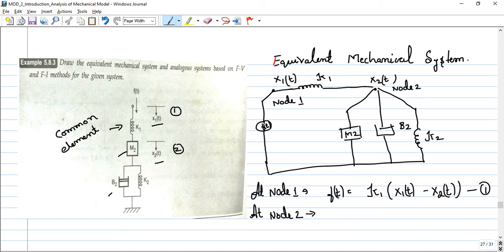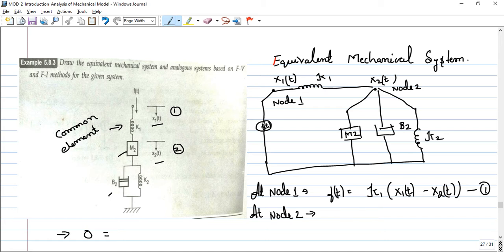So the LHS part, I will write here, that is 0, that is equal to, so let me consider mass m. For mass m2, my equation will be m2 into acceleration. Acceleration is nothing but rate of change of velocity, and velocity is rate of change of displacement.